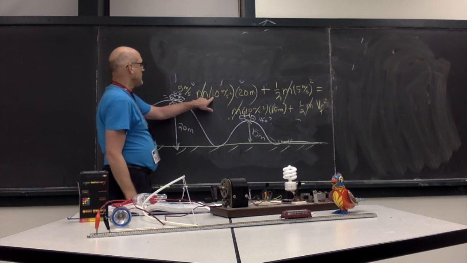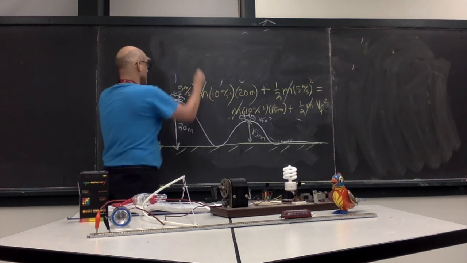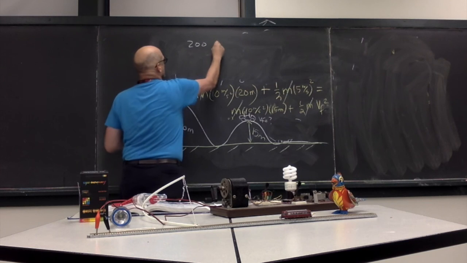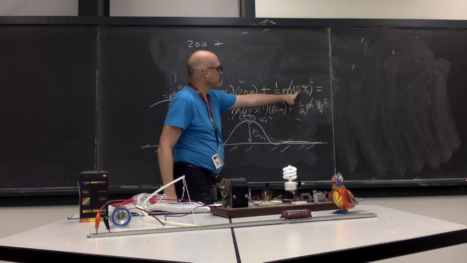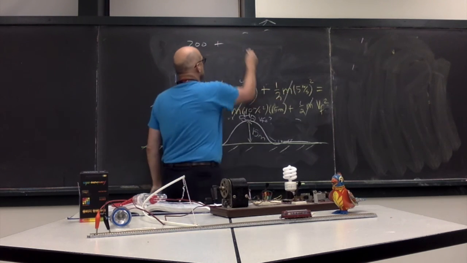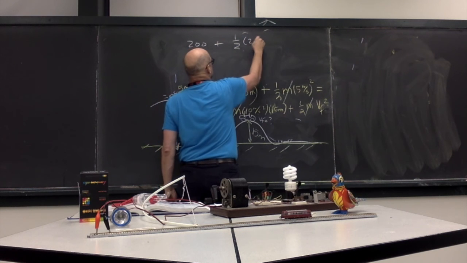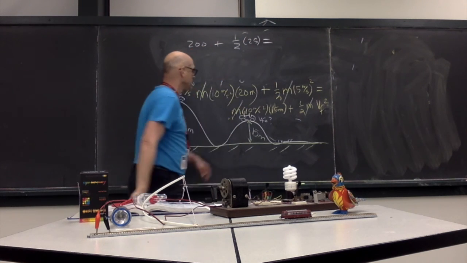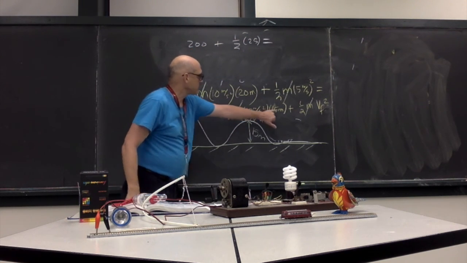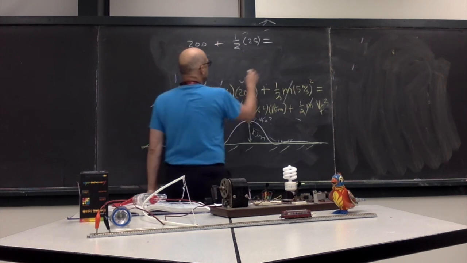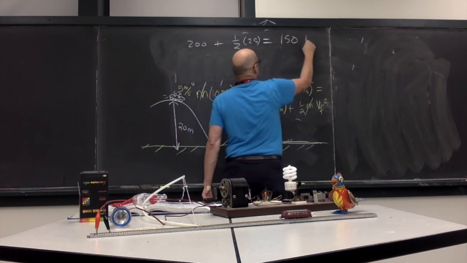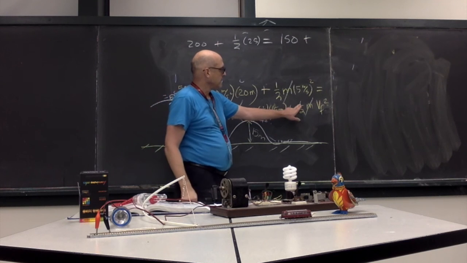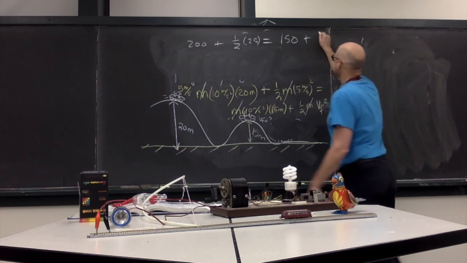So let's see, we have 10 times 20, 200, plus 25 times 1/2 equals 10 times 15, 150, plus 1/2 VF squared.